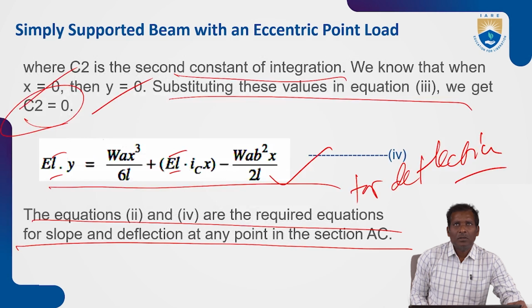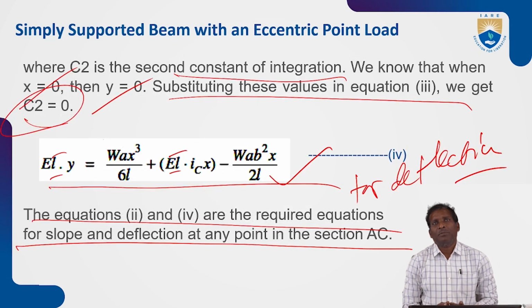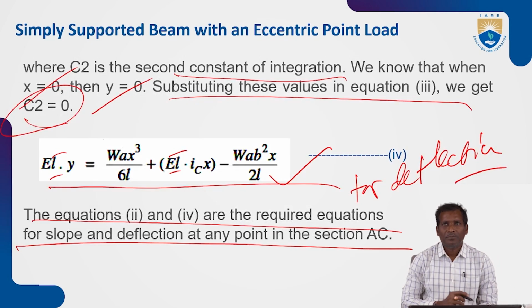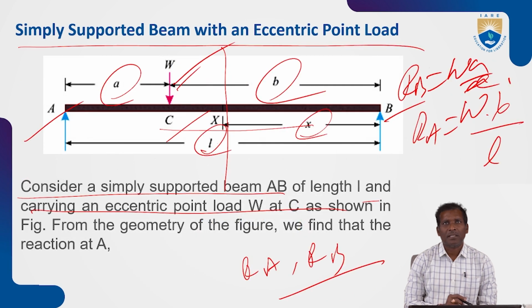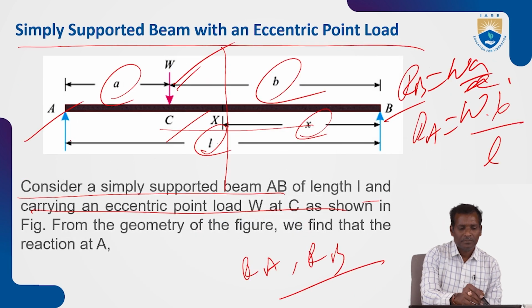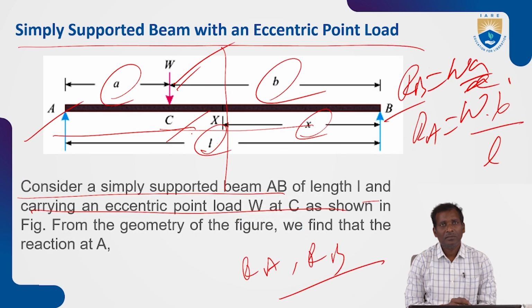After double integration, we get C2 is equal to 0, and then we substitute it to get the required equations for slope and deflection at any point in the section AC.